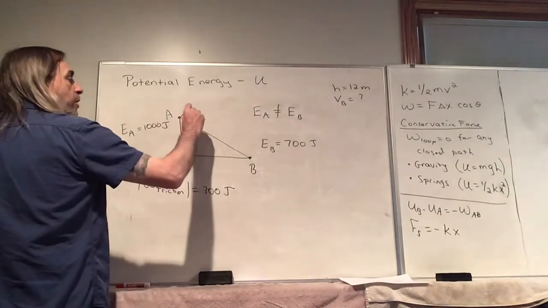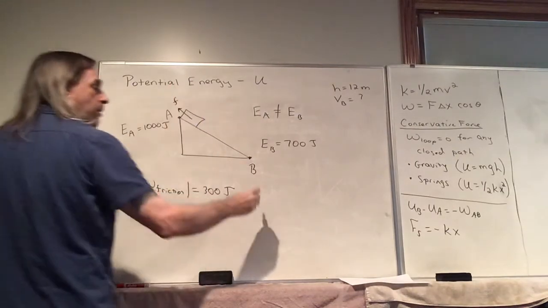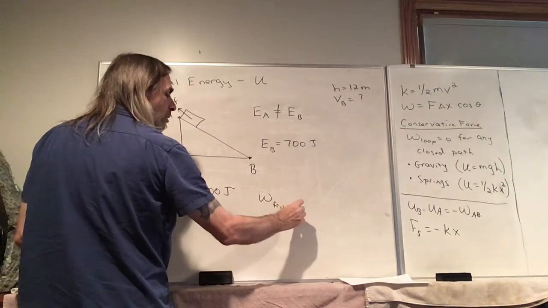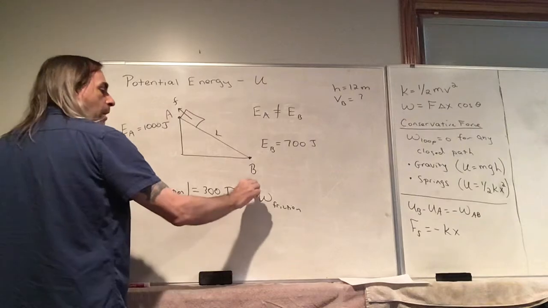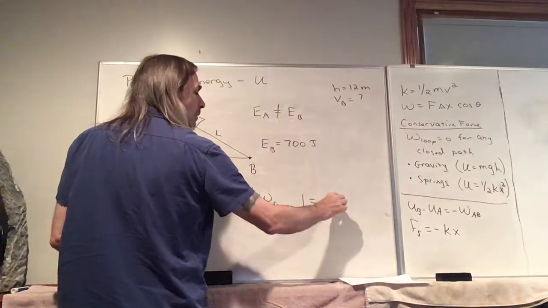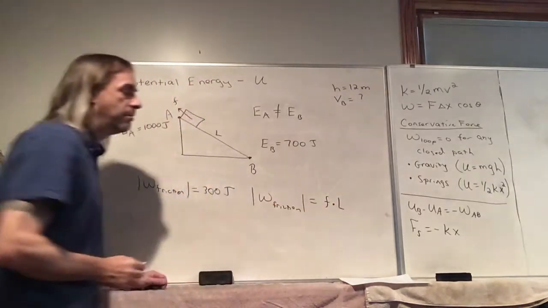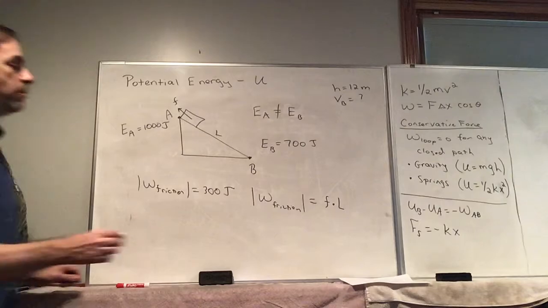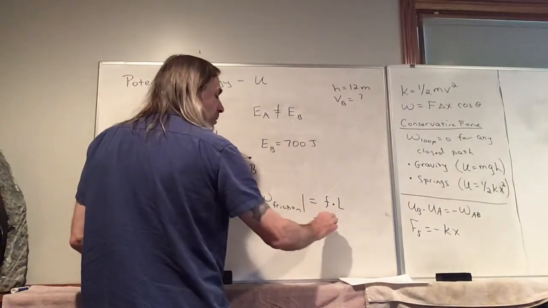The work done by friction would simply be, let's say the length of the incline is L. It's going to be negative, so let's take the absolute value. That would just be the force of friction times L. And we can calculate the force of friction. That would be mu times the normal force.